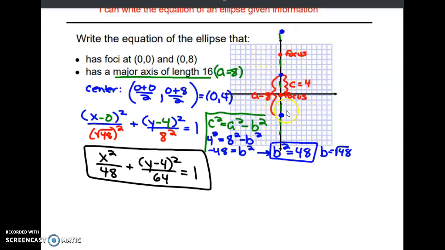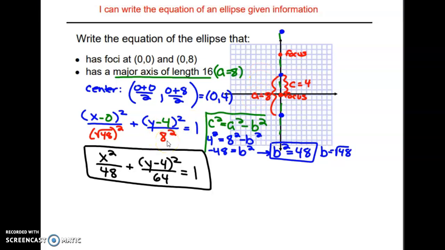So my big number, which is going to be A, needs to be under the Y. Okay, now, so they give me, well, I can find the center because the center has to be between the two foci. So my center is at 0, 4.